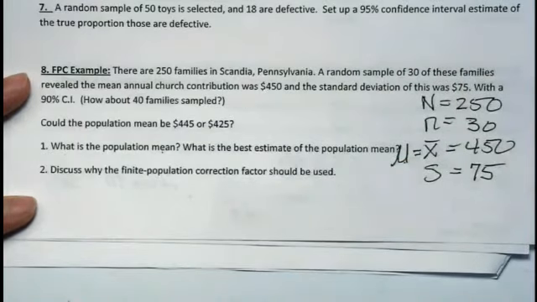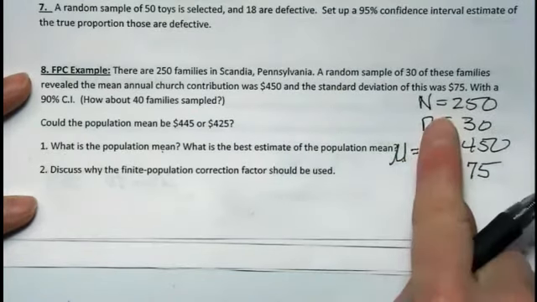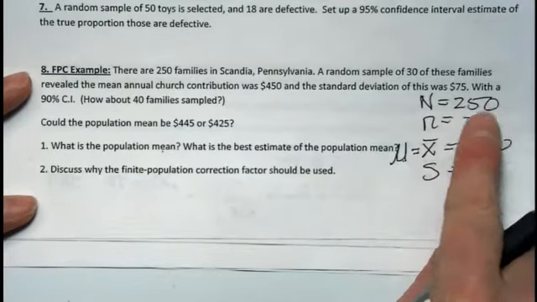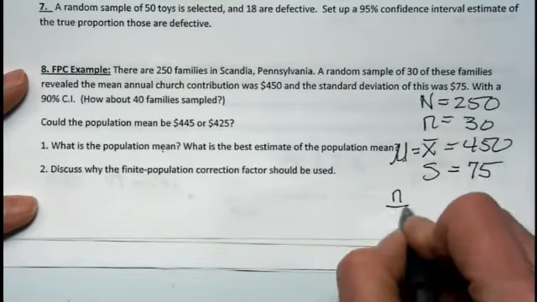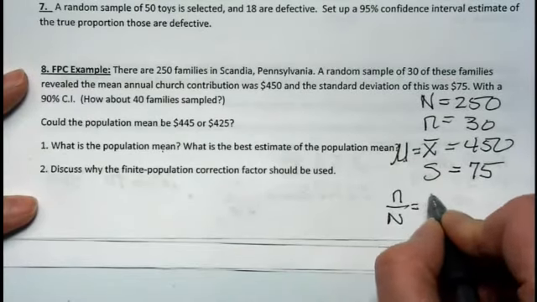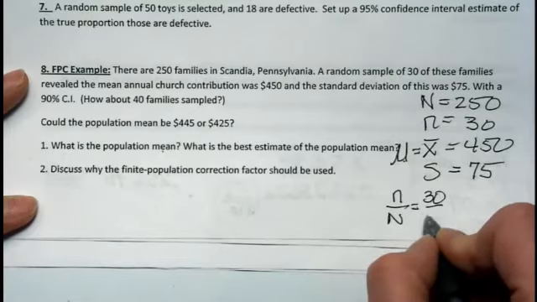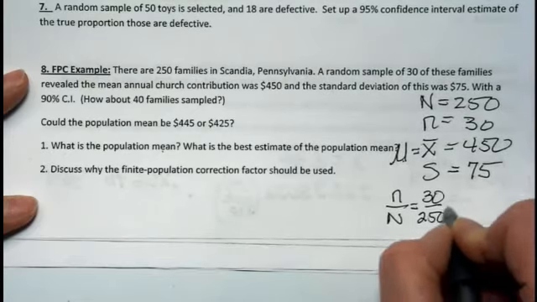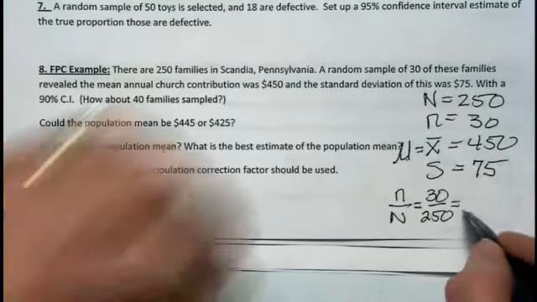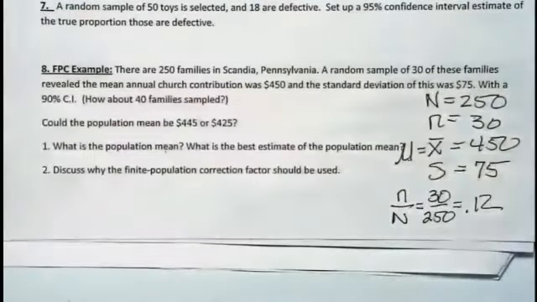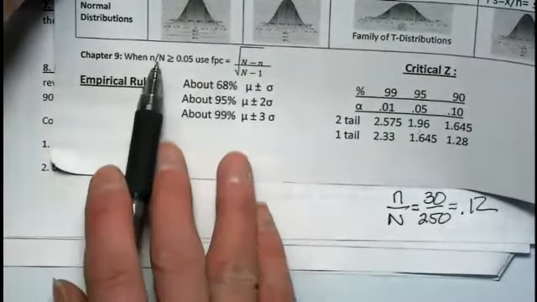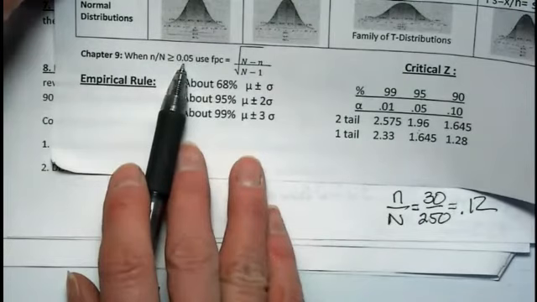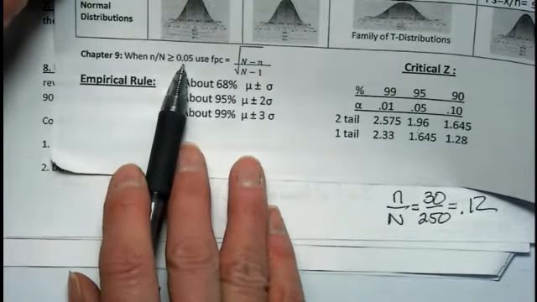The other thing you want to think about, I've never given you a population before. So you want to check to see if we use the FPC. n divided by N. 30 divided by 250 is 12%. If you look at my guidelines, I say use the FPC if that percent is above 5%, which it is.